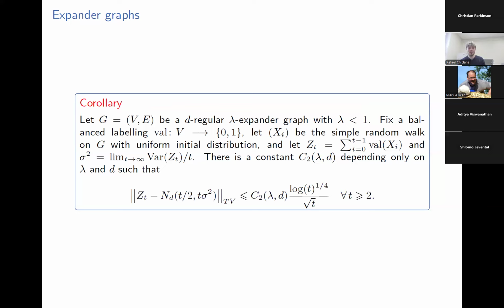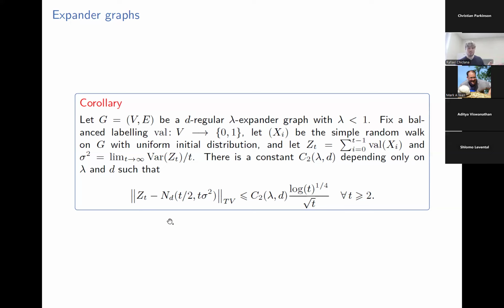So this is telling you that asymptotically, the limit of ZT is a normal distribution. And it looks like we finished, but we need to be careful because, okay, the binomial distribution converges to a normal.